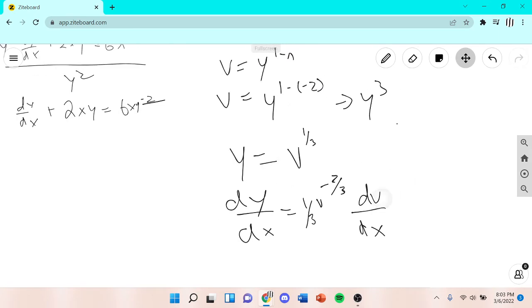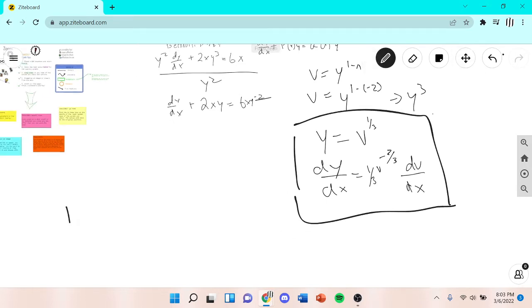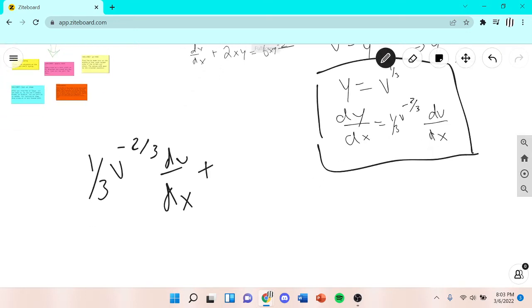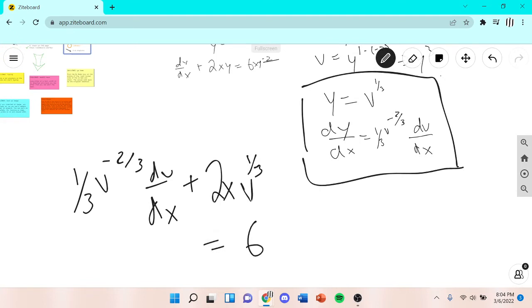So using these two things we have, we can plug them back in. dy/dx becomes 1/3 v to the negative 2/3 times dv/dx, plus 2x times v to the 1/3, equal to 6x times v to the 1/3 to the negative 2, which is just v to the negative 2/3.